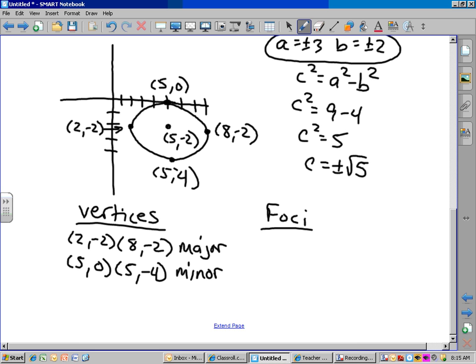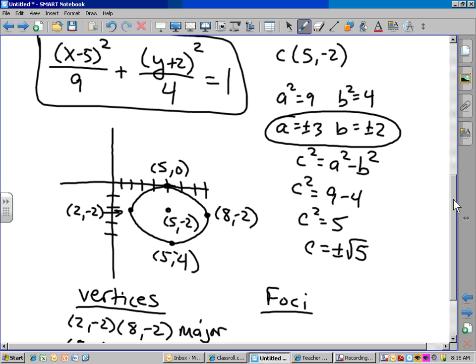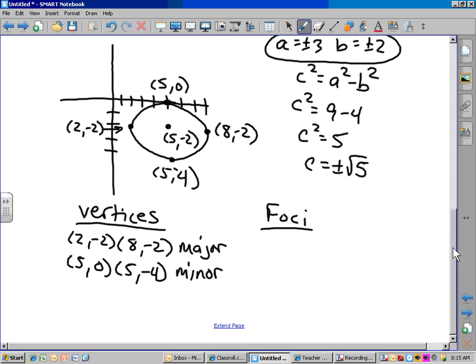All we have left to find are the foci. The foci are always on the major axis. The major axis is the axis that has the larger number underneath it, so we're going to add and subtract to the x. So from the center, 5, negative 2, we're going to add and subtract our c value to x.